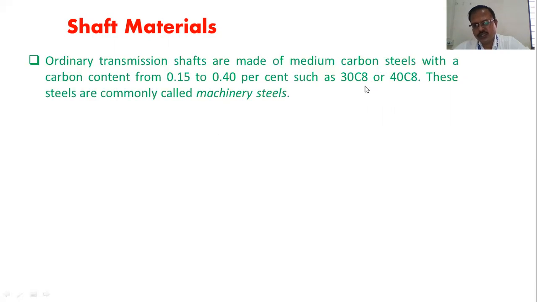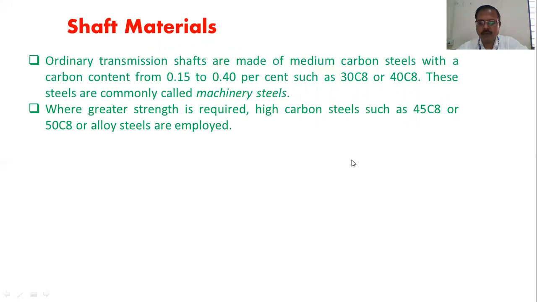Here one thing should be noted, that manganese is not purposefully added in the steel, but it remains as an impurity, and therefore we cannot call it an alloy steel. We are calling it a plain carbon steel with medium carbon content.